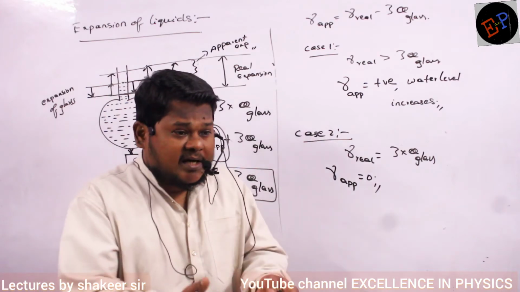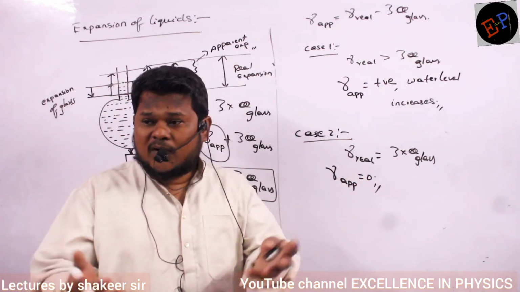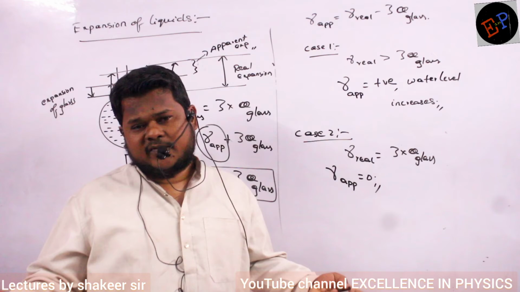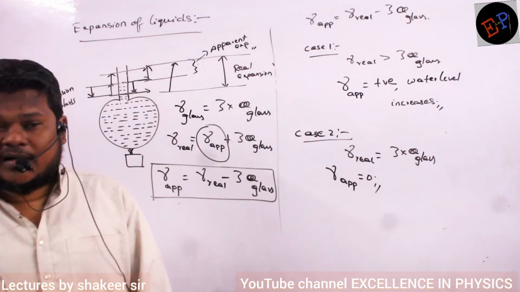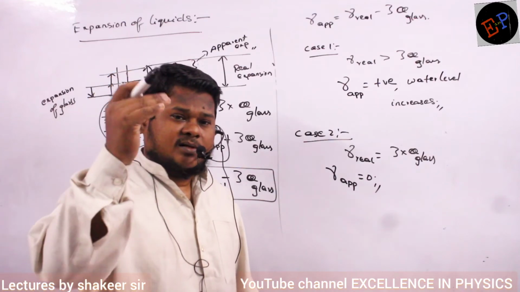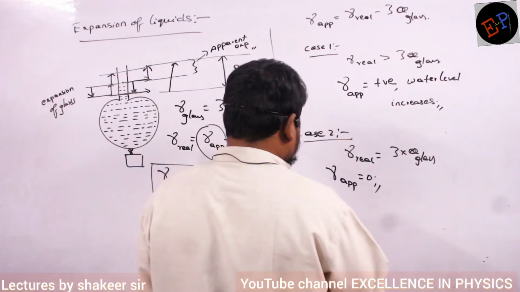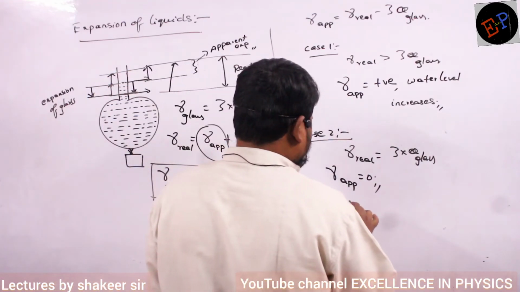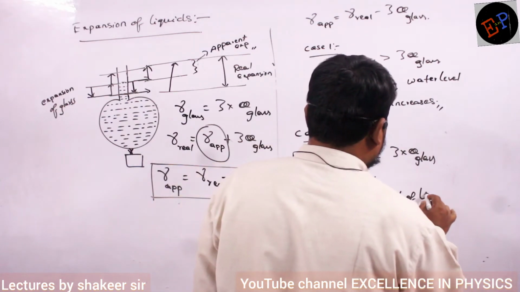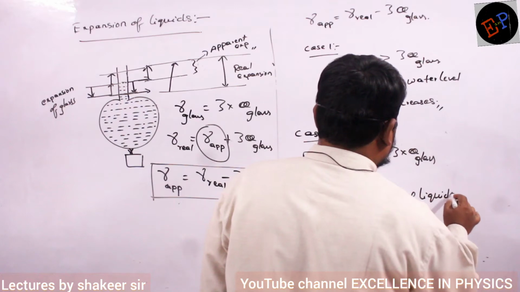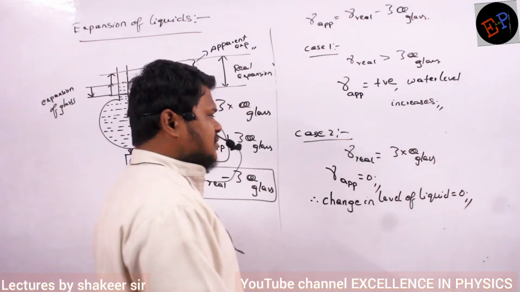Okay? Glass is also expanding by the same value, water is also expanding by the same value. So you don't find any change in the level of water. Water level doesn't reduce, water level doesn't increase also. So therefore what we write: change in level of liquid is 0. There is no change in the level of the liquid.